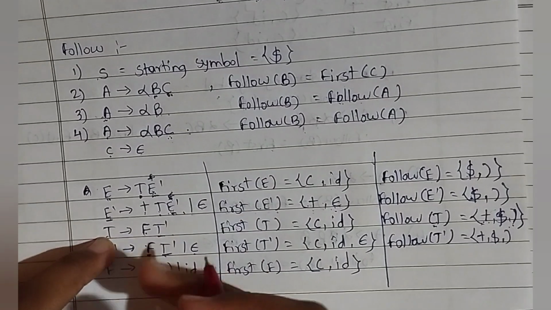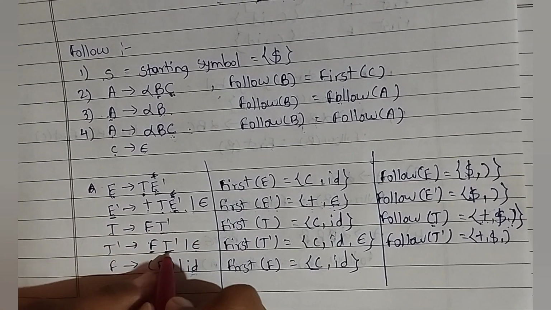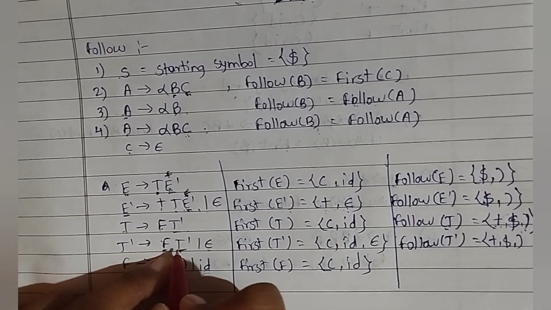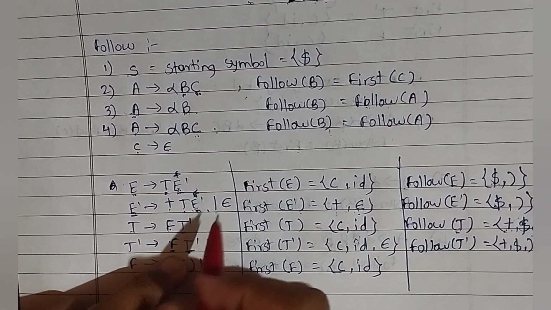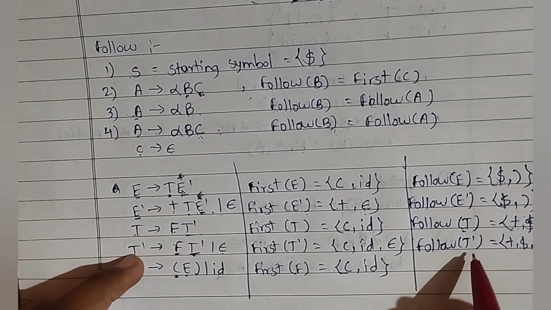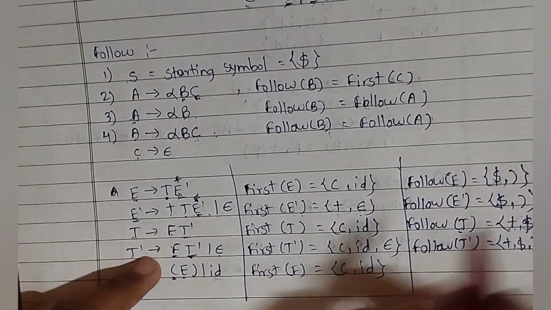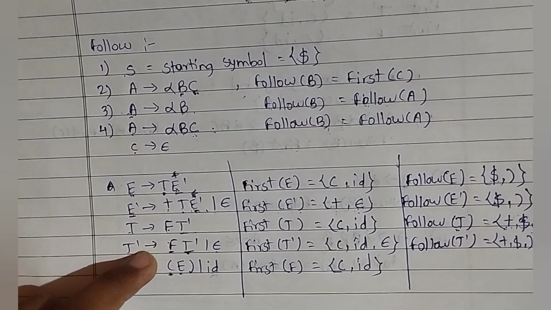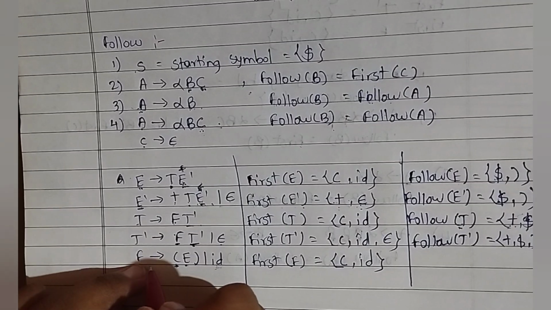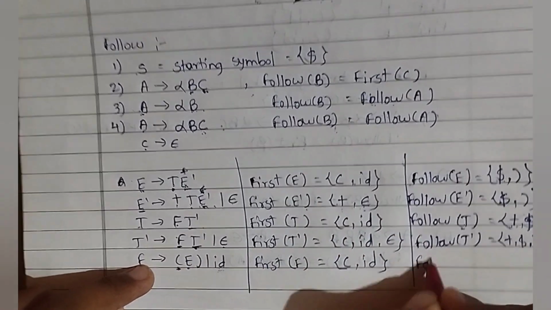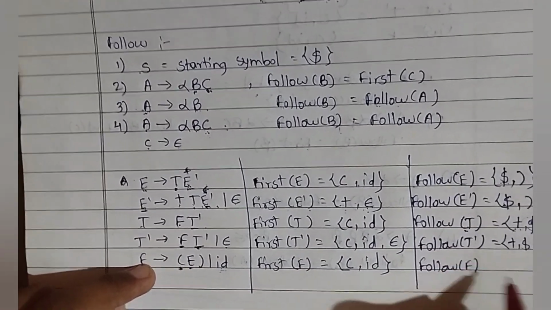Now for this second time, T dash followed by null, and we find out the follow of T dash itself, so we do not write anything for this. So this is the final follow of T dash. Now the follow of F, now we write follow of F.